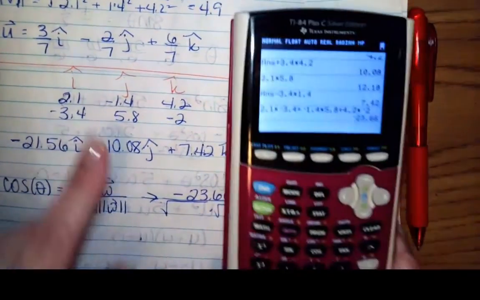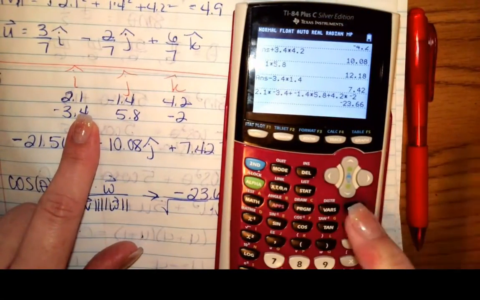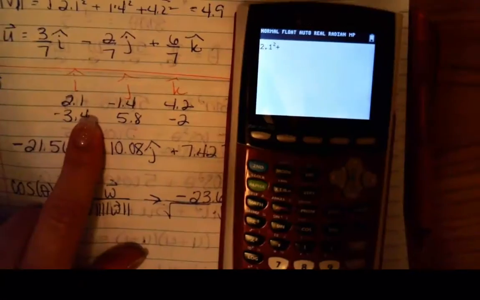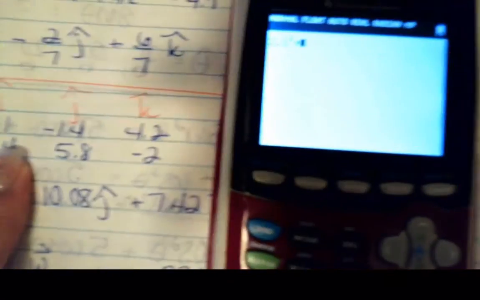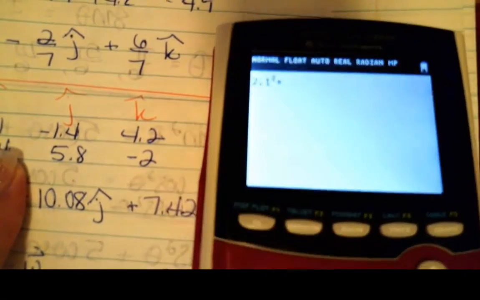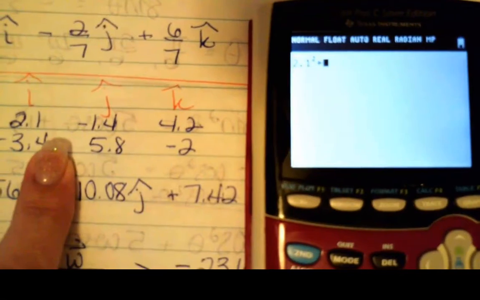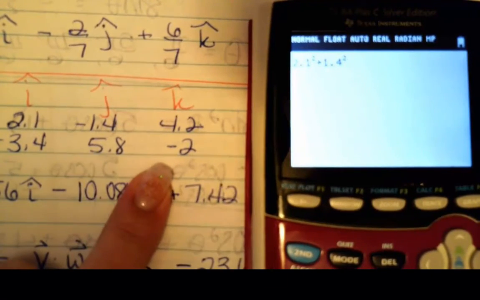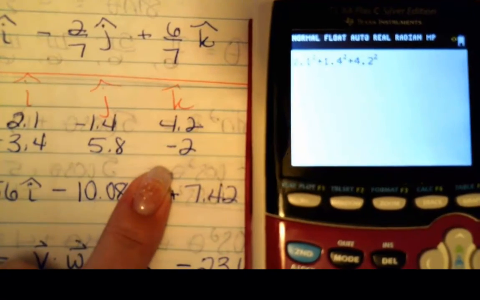So the magnitude of v is going to be the square root of 2.1 squared plus 1.4 squared plus 4.2 squared, so that's 24.01.